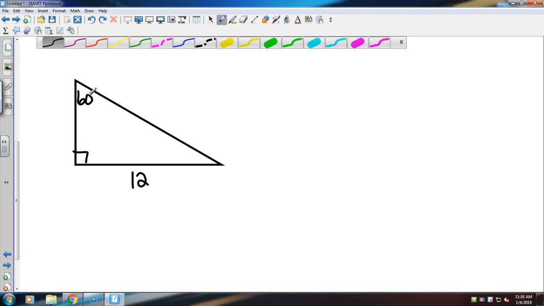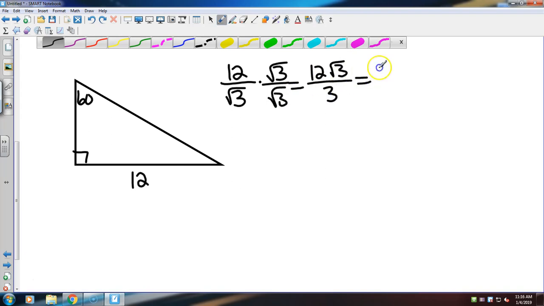Okay, so if we go from larger leg back to smaller leg, instead of multiplying by radical 3, we're going to divide by radical 3. That means we have to multiply top and bottom by radical 3. And we end up with 12 radical 3 over 3, which reduces to 4 radical 3. So the smaller leg is 4 radical 3.